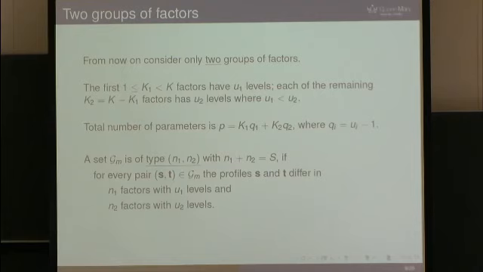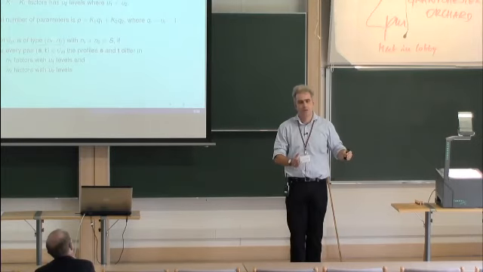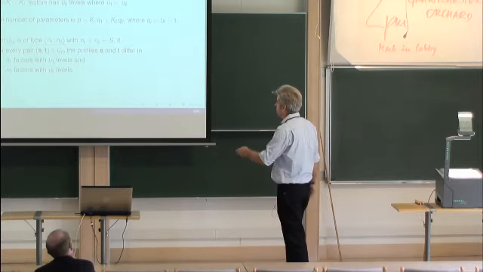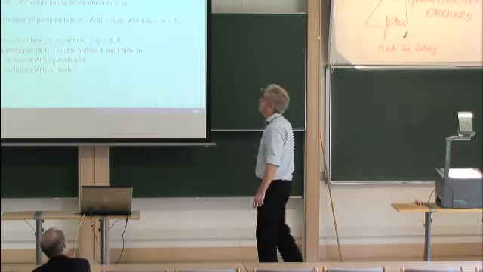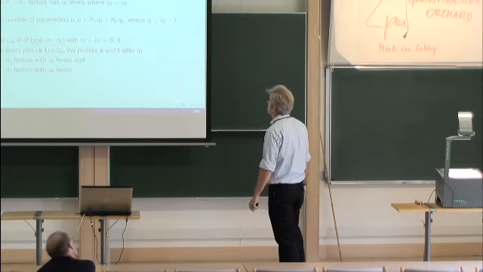Now such a set is said to be of type N1, N2 if in every pair, the two alternatives differ on N1 factors from the first group and N2 from the second group, where the total is S. Now if we do that, we can actually prove the result which in this setting covers all situations.